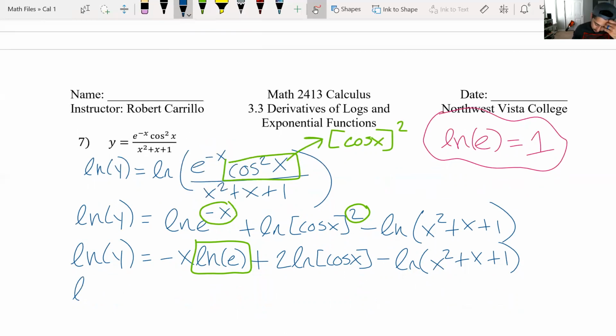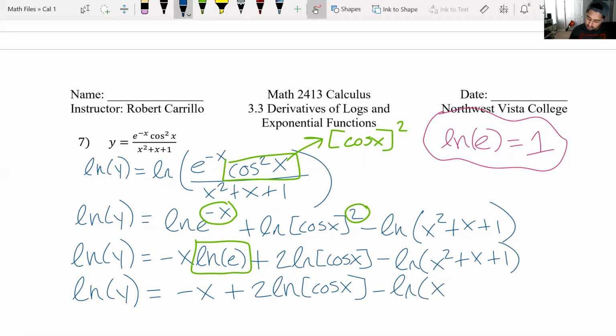So, back to it, not taking the derivative just yet. You get negative x plus 2 natural log cosine x minus natural log x squared plus x plus 1. We are now ready for the derivative. Okay.